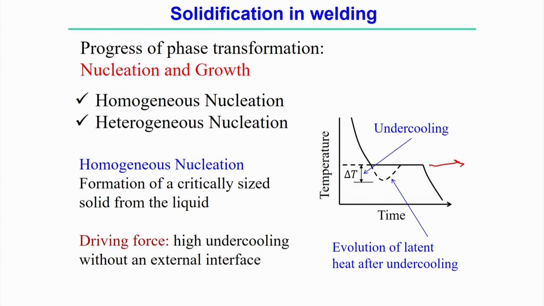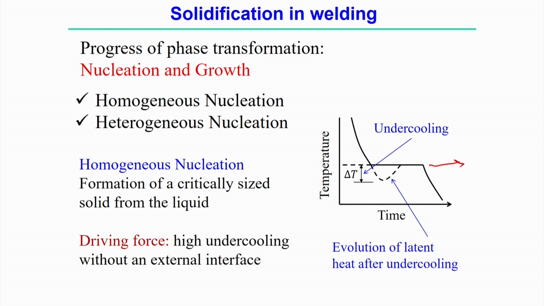But during the cooling process, before the change of phase, the material may be subjected locally to some amount of undercooling. With respect to that melting point, this is the amount of undercooling, represented by delta T, below the phase change temperature. Once it achieves some undercooling, it starts the nucleation process, and then it comes back to the equilibrium temperature, the temperature that decides the phase change between solid and liquid.